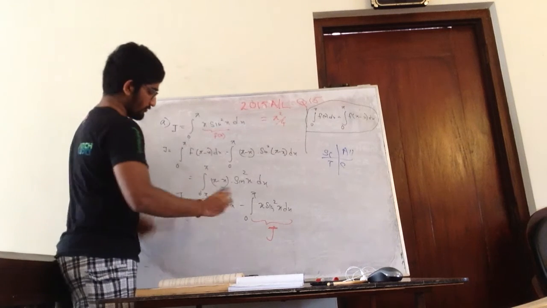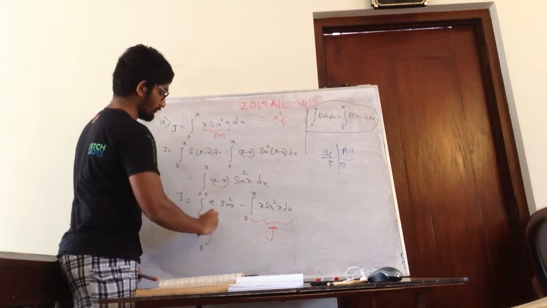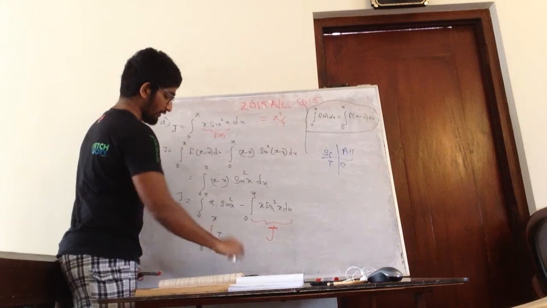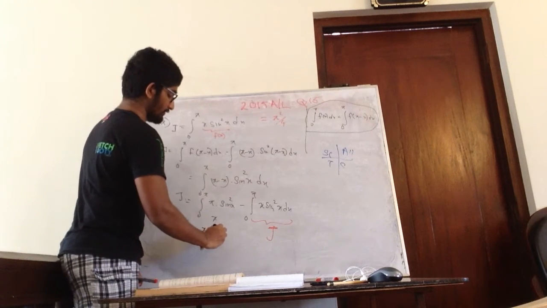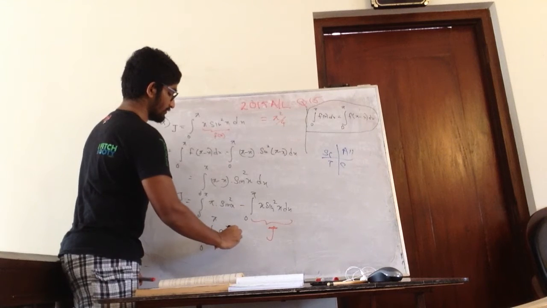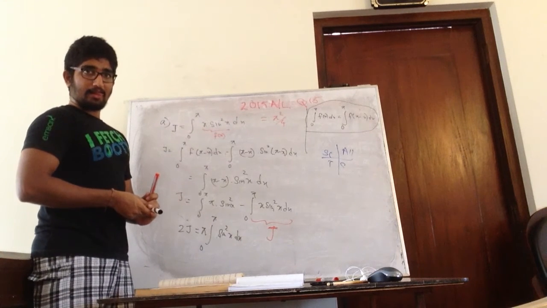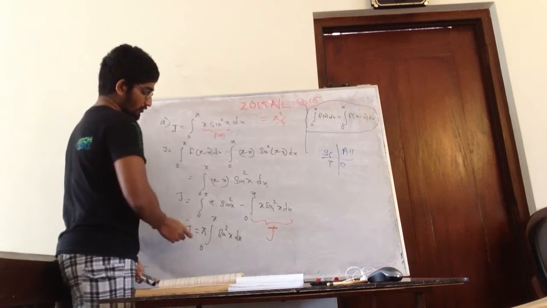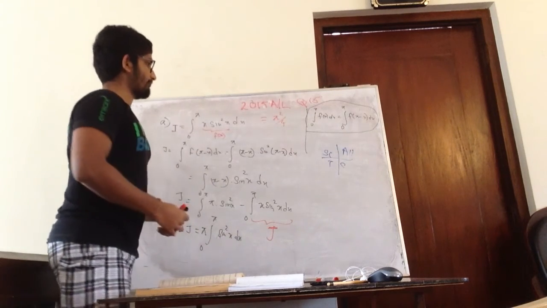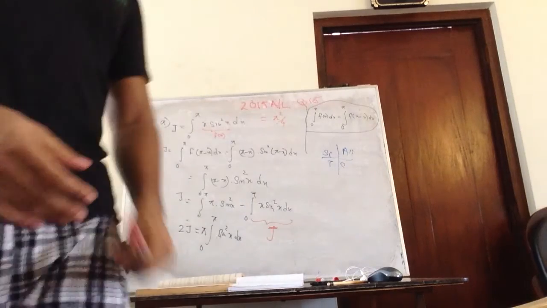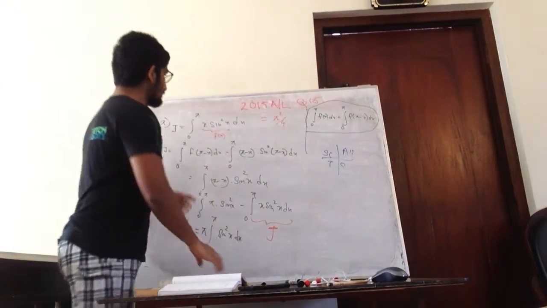So 2J is equal to the integral from 0 to 5, I can take 5 out, of 5 sine squared x dx. So I need to find this basically. So write this down. So I get J as 1.